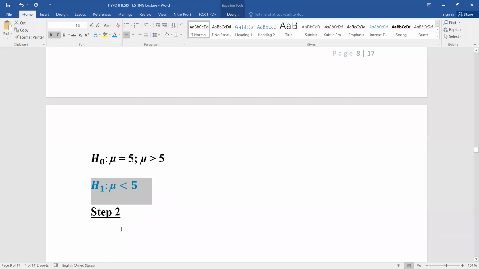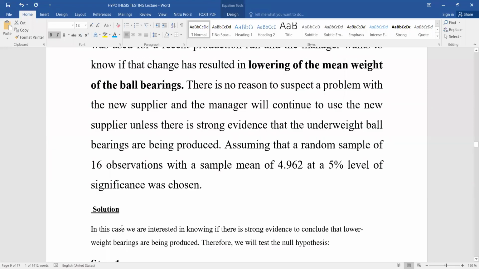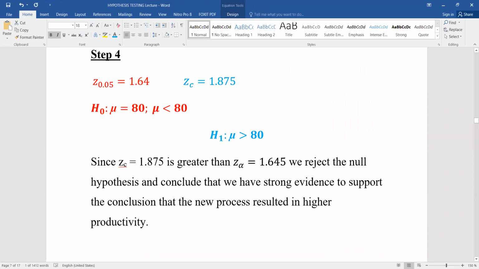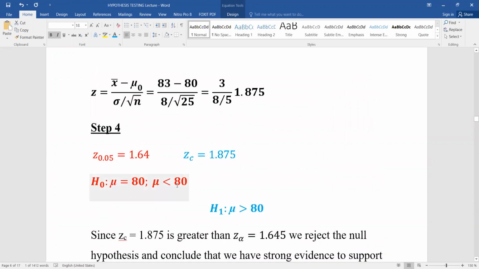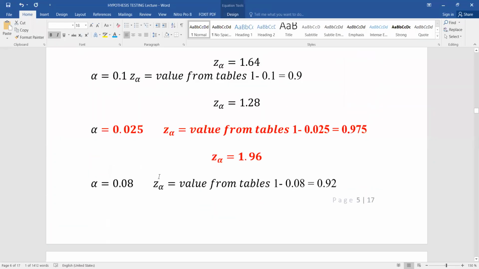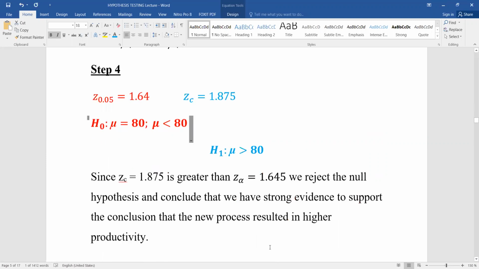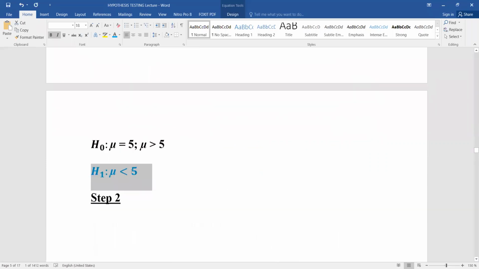For example, in the first one, we dealt with mu greater than, and we just left it. We got 1.64 and we left it the way it is because we're dealing with greater than. But if we're dealing with less than, the only thing that changes is that we add a negative.